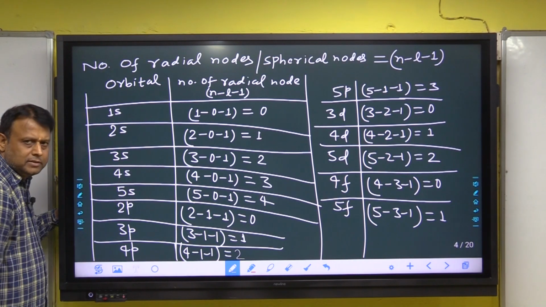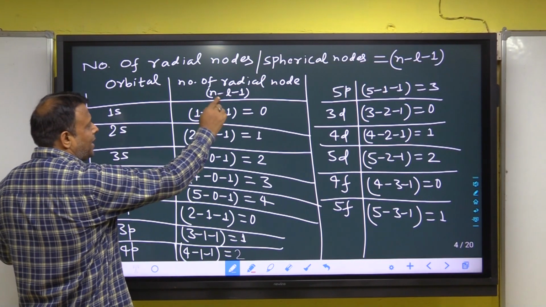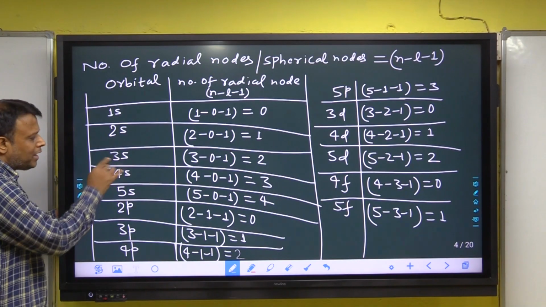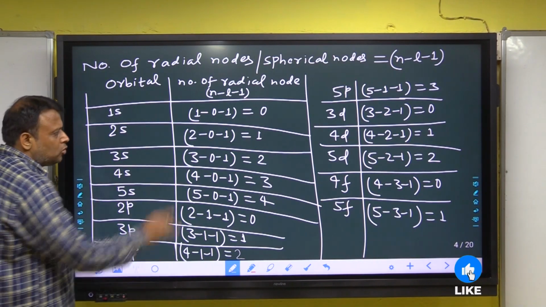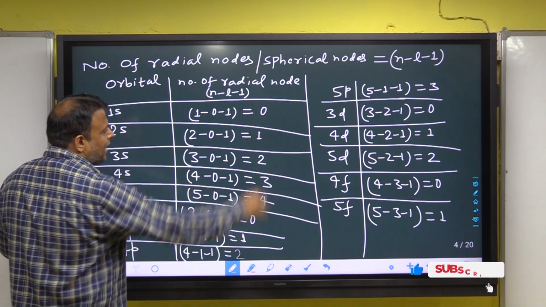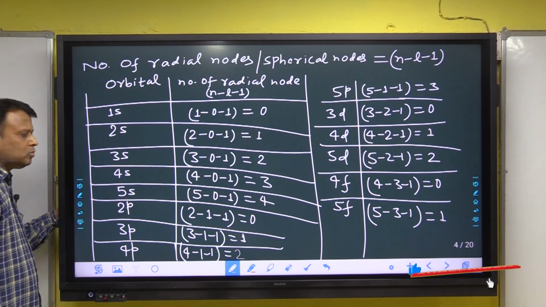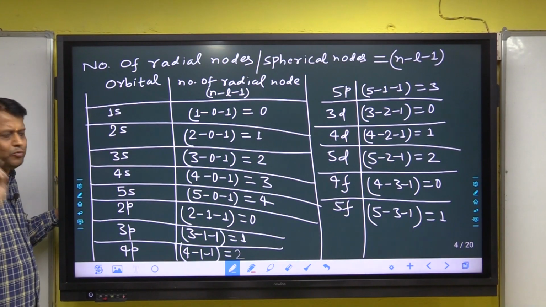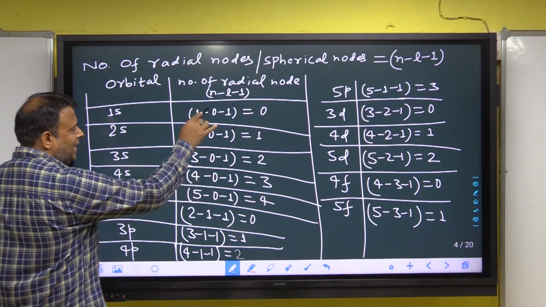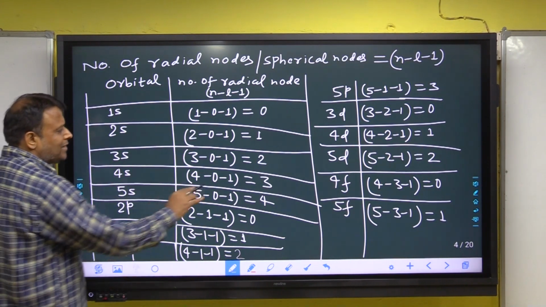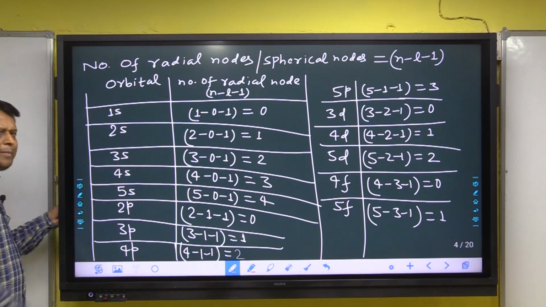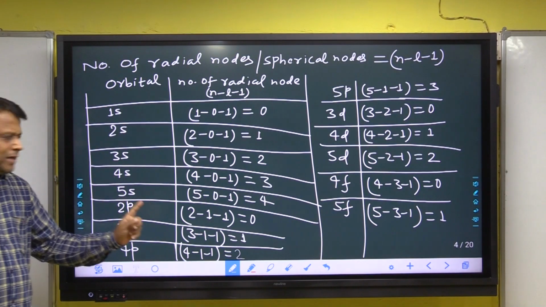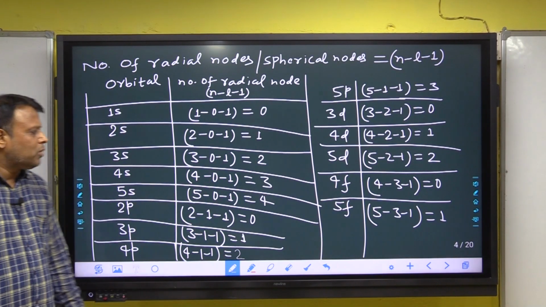Now 3s: the formula is n minus L minus 1, n is 3, and for s, L is 0, so 3 minus 0 minus 1 is equal to 2. For 4s, 4 minus 0 minus 1 is equal to 3. For 5s, 5 minus 0 minus 1 is equal to 4.